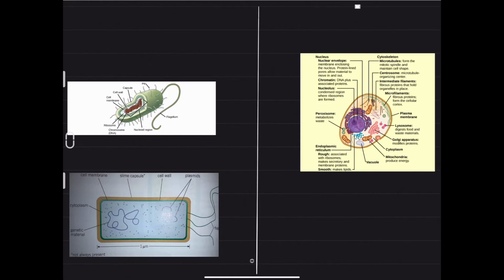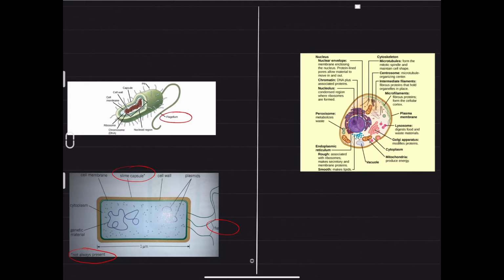But just be aware, as it's mentioned here, that the slime capsule and the flagellum, it's been cut off here, but the slime capsule and the flagellum are not always present in prokaryotic cells. So you will have to look carefully at the diagram that you're given if you're asked to identify a eukaryotic or prokaryotic cell by the features displayed.